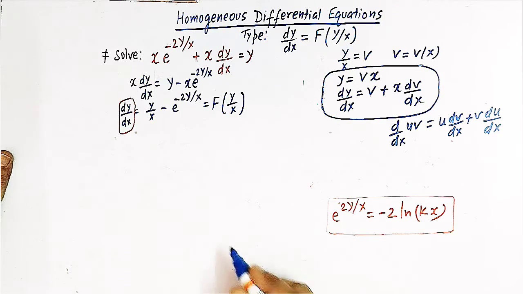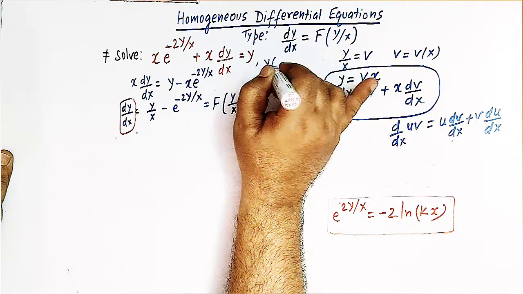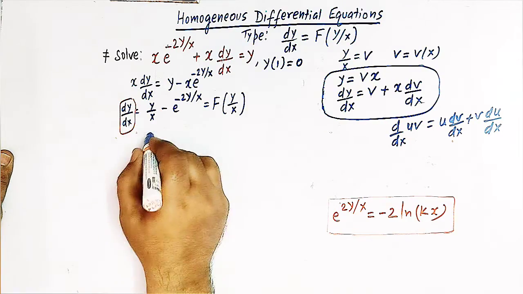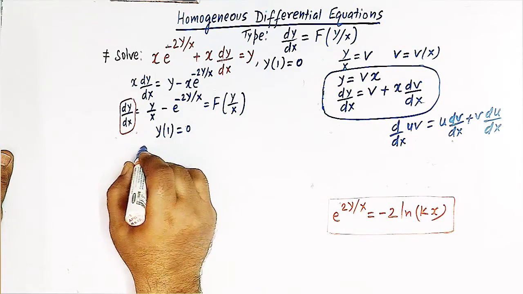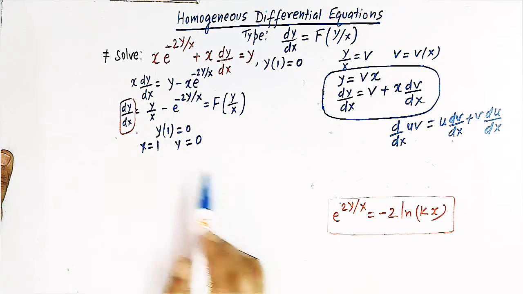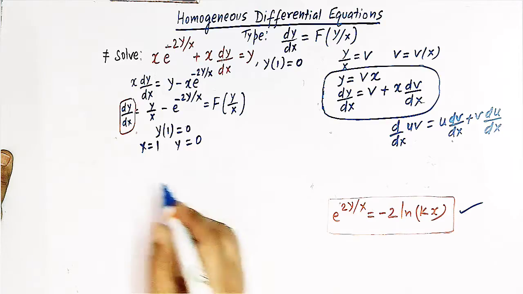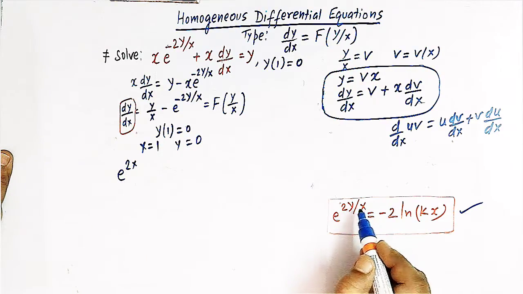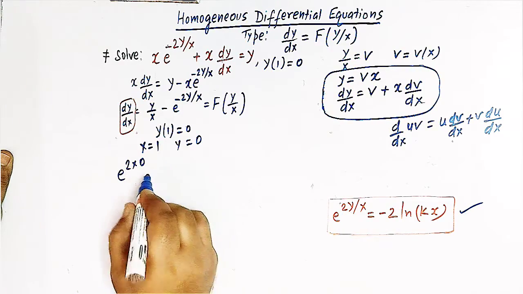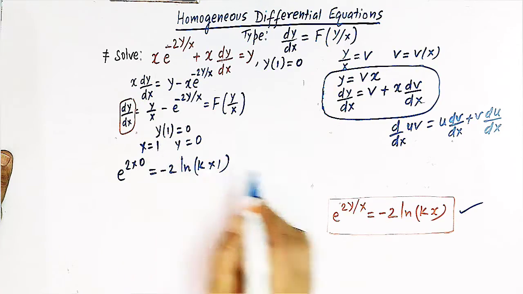So now let us find out the particular solution of this differential equation when we have the initial condition y of 1 is equal to 0, right? So when y of 1 is equal to 0, it implies that when x is 1, y is equal to 0. So let us substitute these values in this general solution to get the value of k. So we have e raised to 2 times y over x, which is 0, equal to minus 2 log of k times 1, because x is equal to 1.